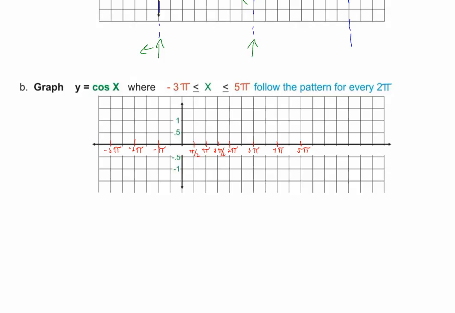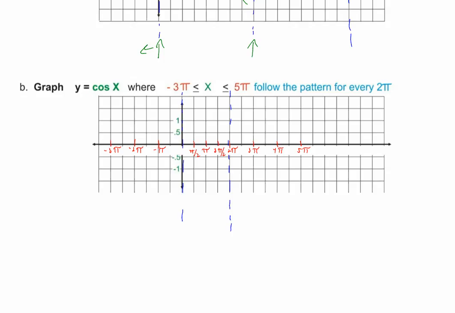All right. So what is your pattern between 0 and 2 pi? So again, I'm going to take my blue, and I'm going to take these vertical lines between 0 and 2 pi. And I'm going to take my green. I'm going to do the cosine in that window using my pattern.